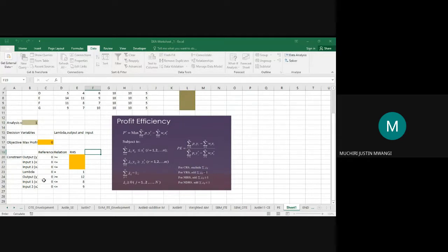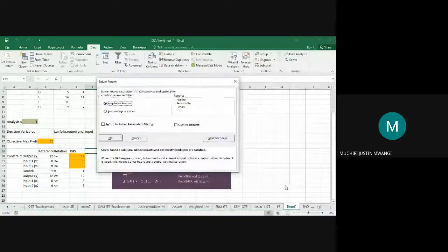Then the last two, which are the same. By doing this, I'm assuming that we already know how to use the solver. If you don't, you can visit the previous class. There are five, 1, 2, 3, 4, 5. Then we ensure this one is Simplex LP, and then let's try to solve.